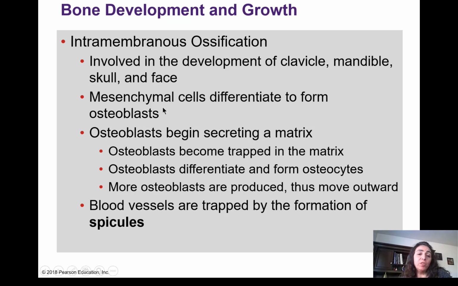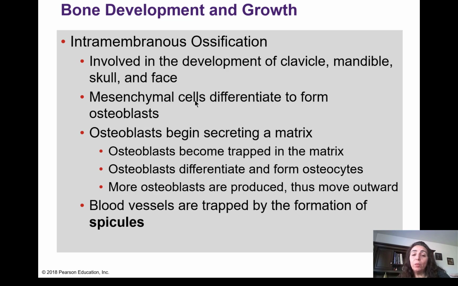Now the process. Intramembranous ossification is when the bone comes from the fibrous tissue, right? We have mesenchymal cells, which, as we talked about when discussing connective tissue, are the main ancestor of all types of connective tissues.